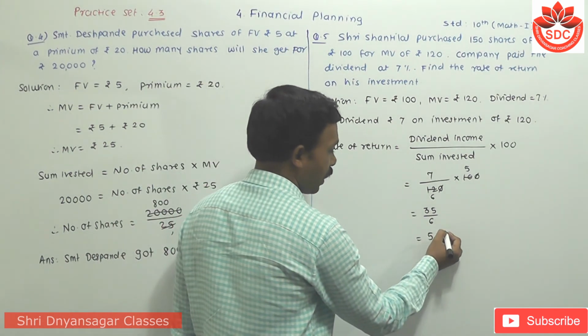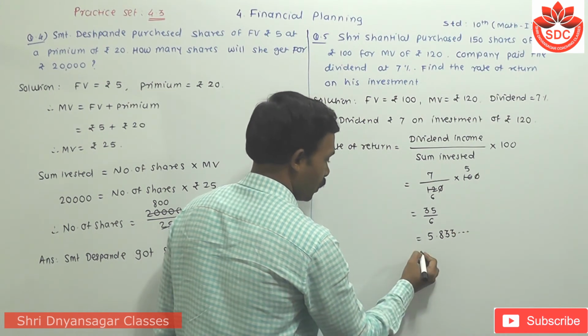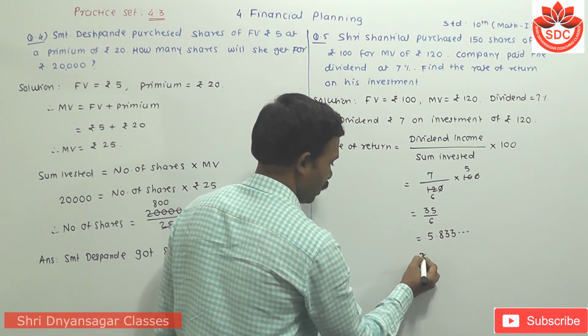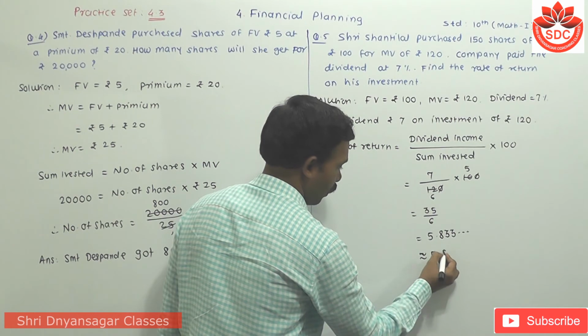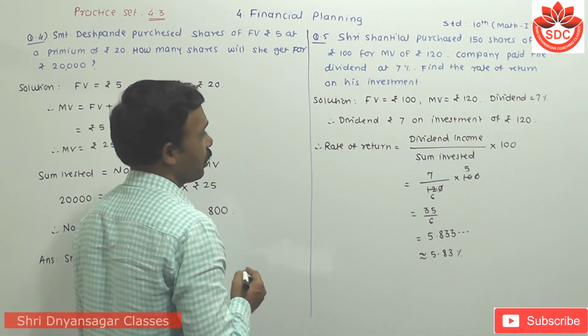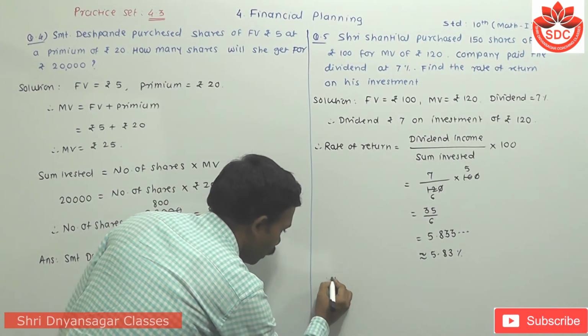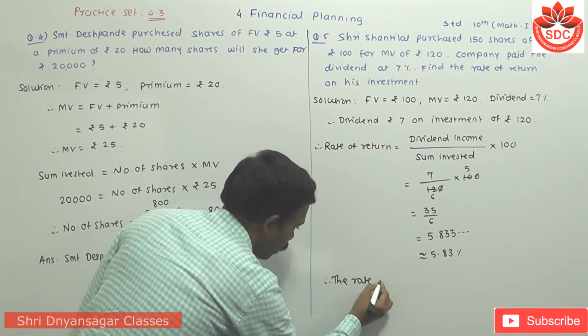Then 6 3s are 18, meaning this 3 is a recurring number here, so this is nearly equal to 5.83%.